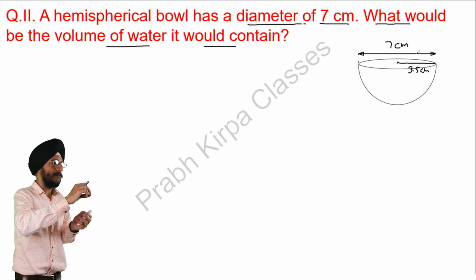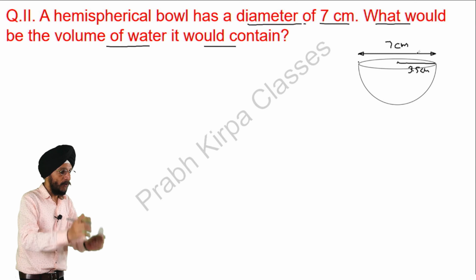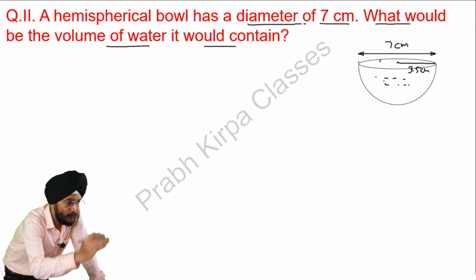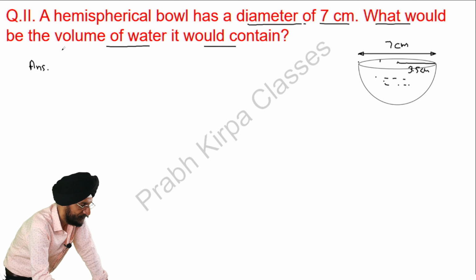If we put water into the hemispherical bowl, the volume of the water it will contain will be equal to the volume of the hemisphere. So now we will answer this question.